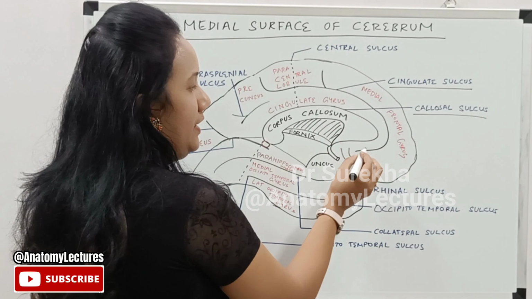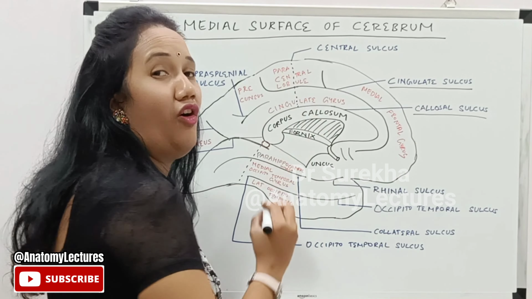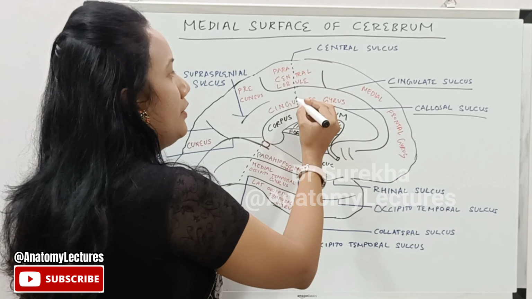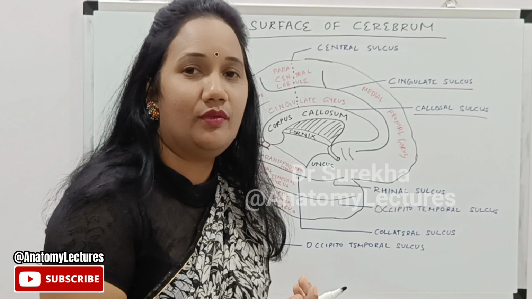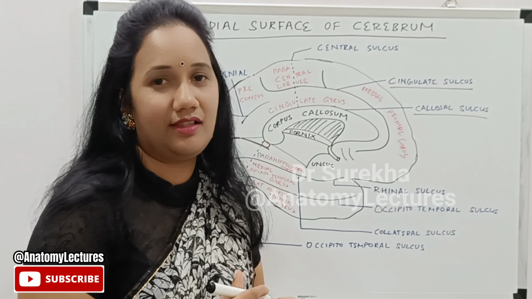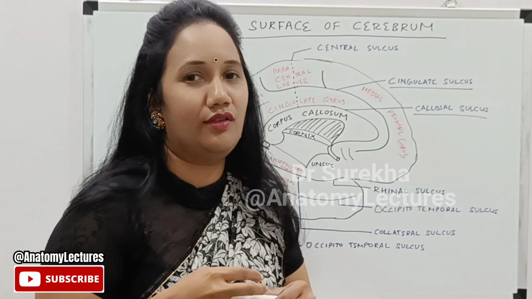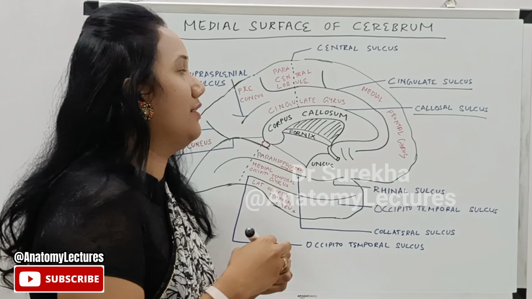Now if you see carefully, this cingulate sulcus is giving off one offshoot which is parallel to the central sulcus. So this is the central sulcus. In my previous video when I was describing the central sulcus, I told you the central sulcus will extend onto the medial side also. So this is the extension of the central sulcus onto the medial surface.